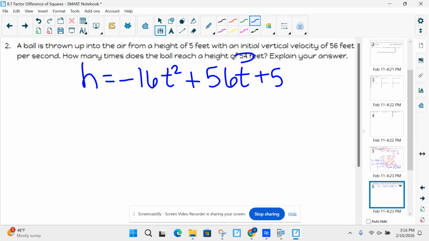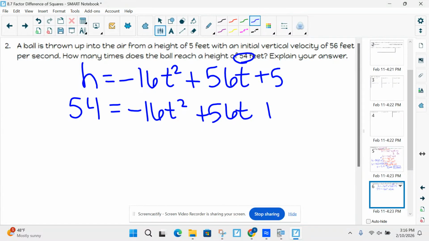Then you would set your equation equal to 54 because you're trying to find when it reaches a height of 54. So 54 equals negative 16t squared plus 56t plus 5.